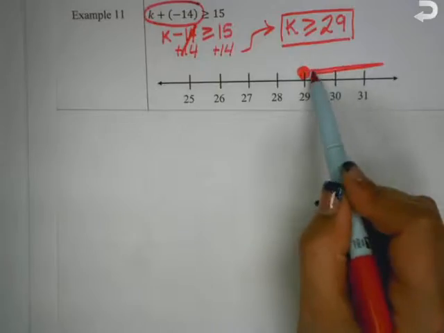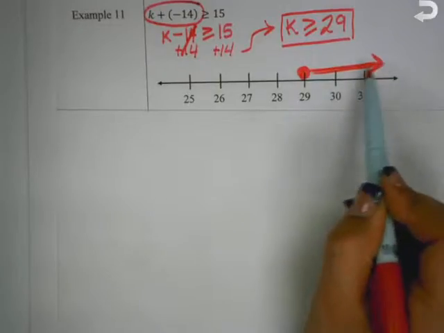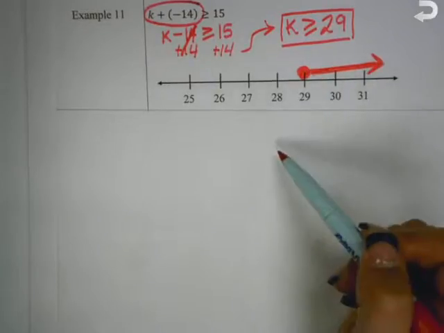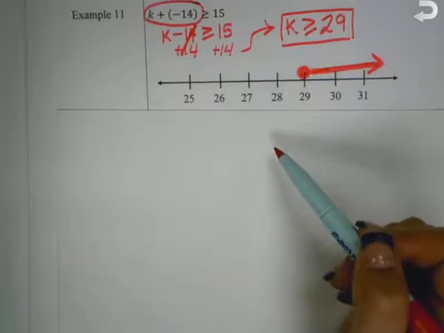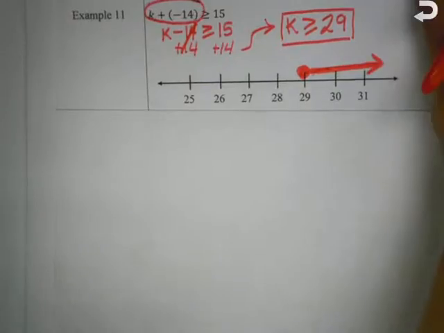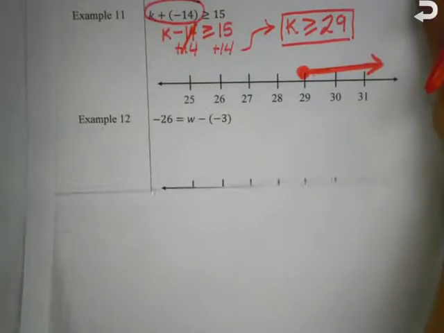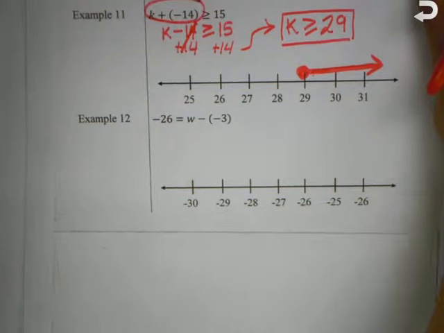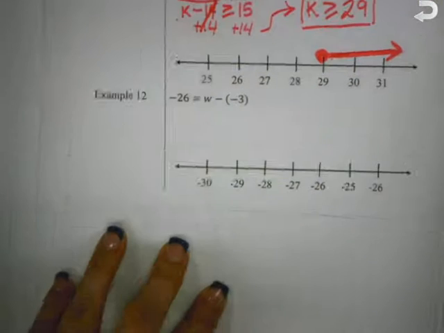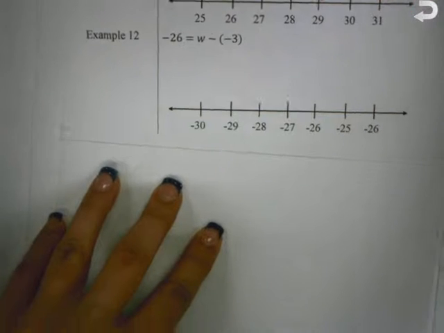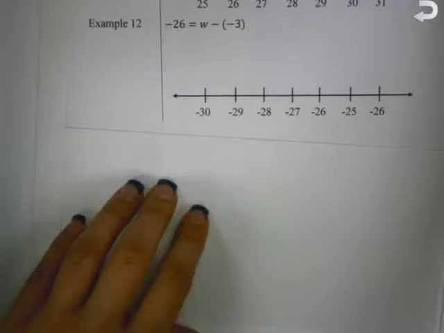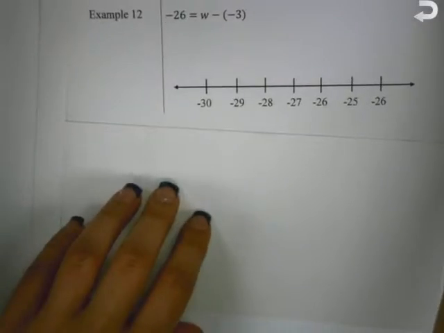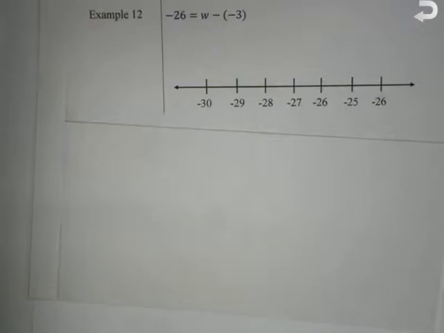All right. Last one, example 12. Okay, negative 26 equals W minus negative 3. I want to solve that and graph it.